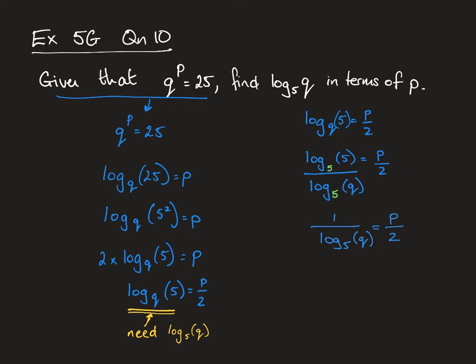Now, to get log to the base 5 of q by itself on the left-hand side, we can do one of two things. We can either invert both fractions, so just completely flip them over, and that would give you log to the base 5 of q is equal to 2 over p, or if you want to do it step by step, that shows you that you're allowed to do that.